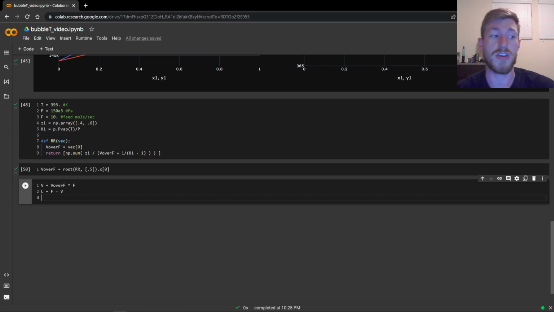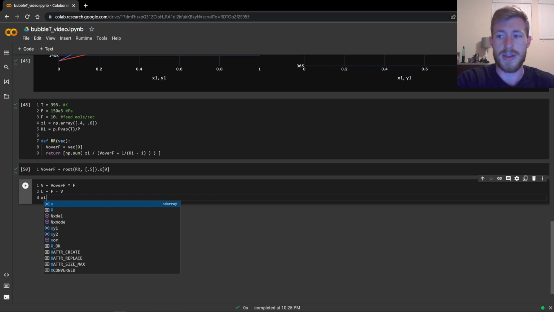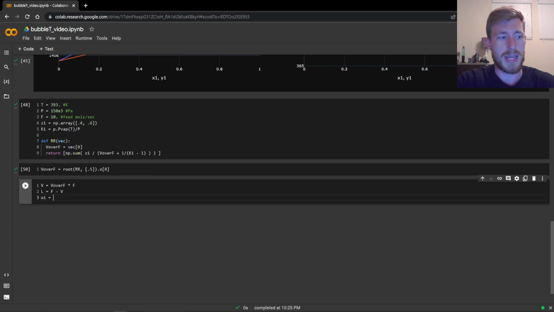Since we now know v over f, and we knew zi and ki from the beginning, we can just solve for xi as being equal to zi divided by, parentheses, v over f times, parentheses, ki minus 1, plus 1. So that all contains the vi, that should be correct.